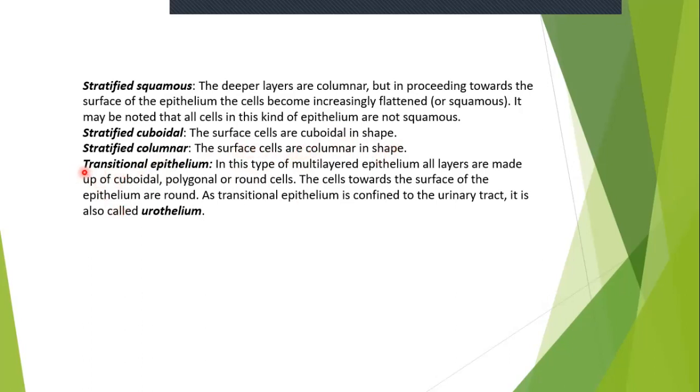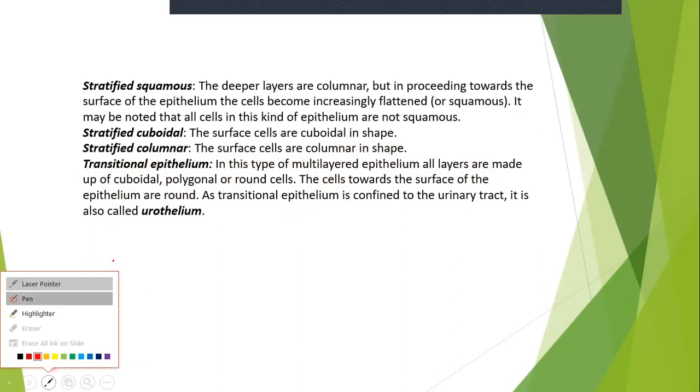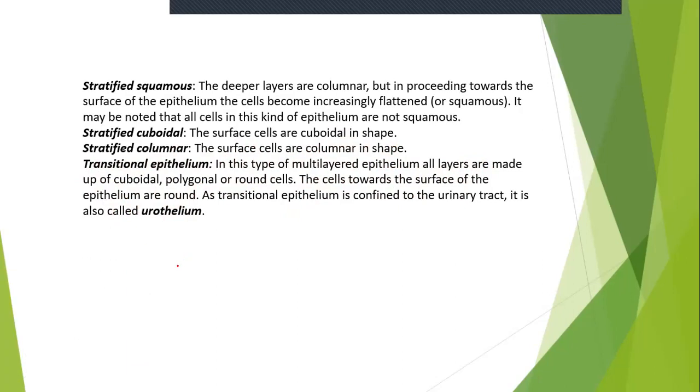Transitional epithelium is a very special epithelium in that it is multi-layered, and all layers are made up of cuboidal, polygonal, or round cells. The cells toward the surface of the epithelium are rounded. The cells at the surface are umbrella shaped or dome shaped. So you'll find those cells at the surface look somewhat like this, dome shaped.